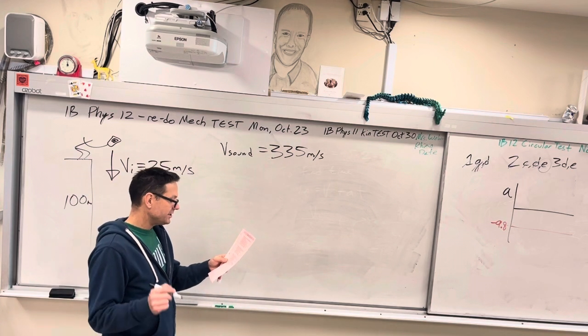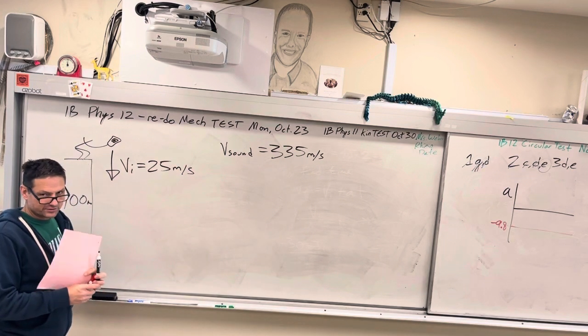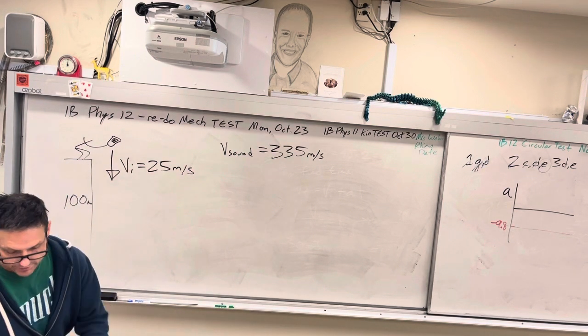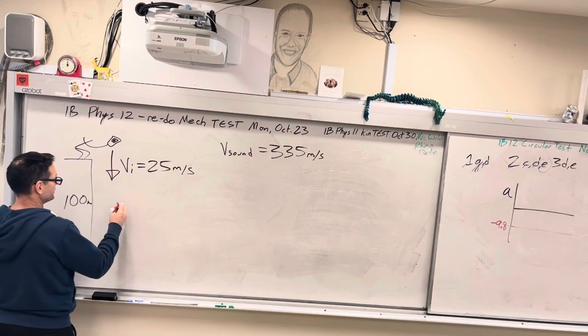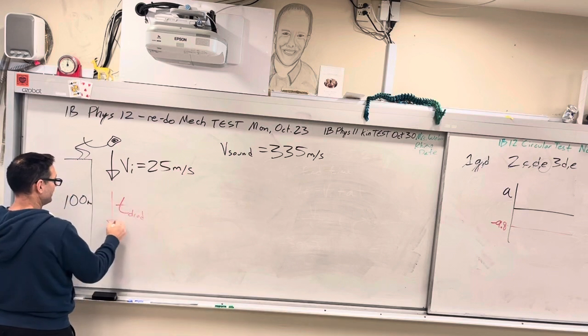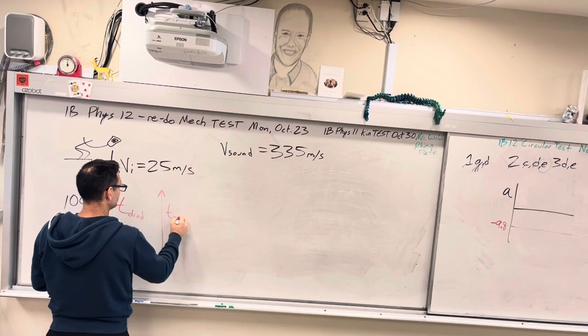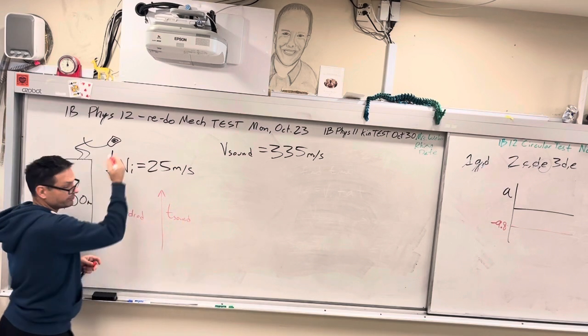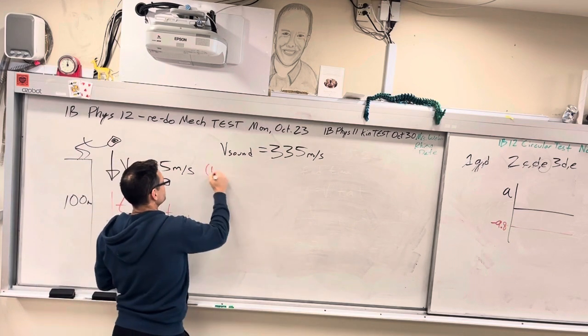How long is it till he hears the sound? So we need to find two things: when it hits the floor and when the sound comes back. We need the time of the drop on the way down, and then we need the time of the sound to make its way back up to him. So let's do the time of the drop first.